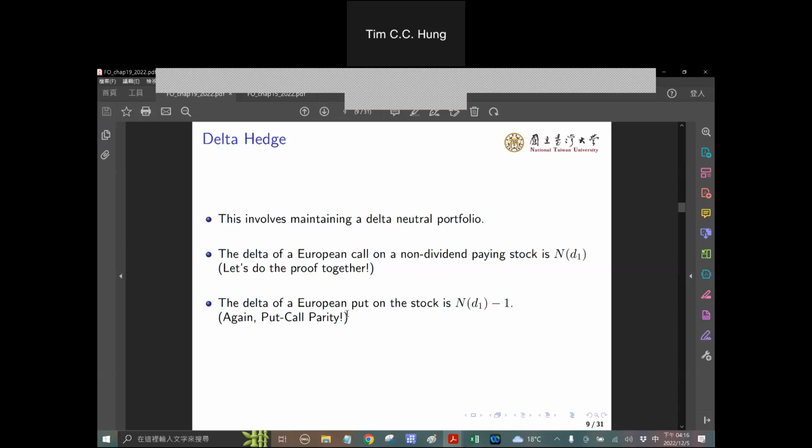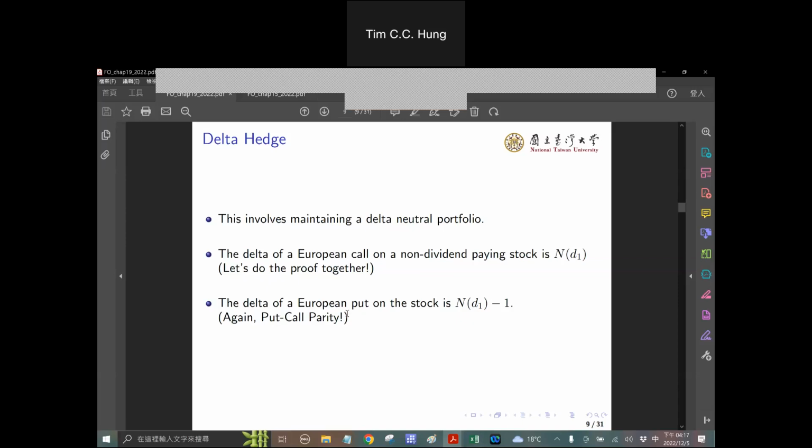That's pretty obvious, the chain rule. It's also the case for N of d2: partial N of d2 over partial d2, times partial d2 over partial S0.